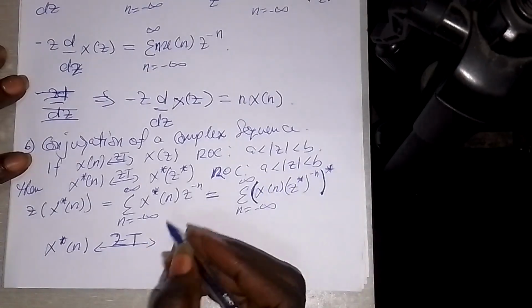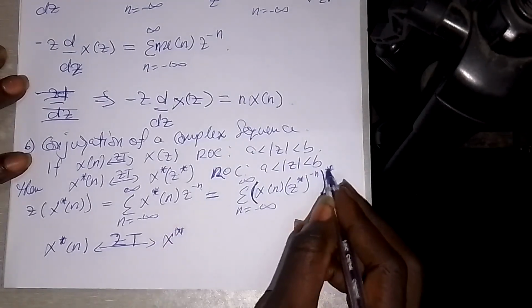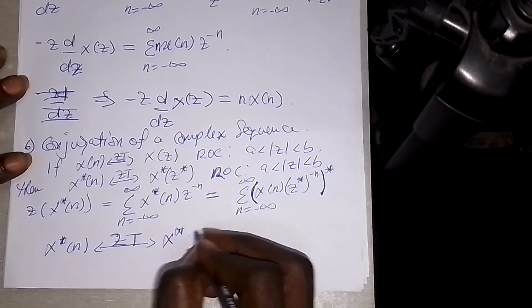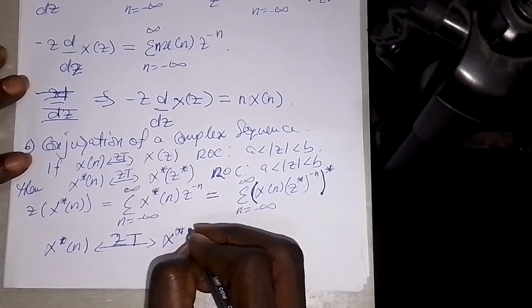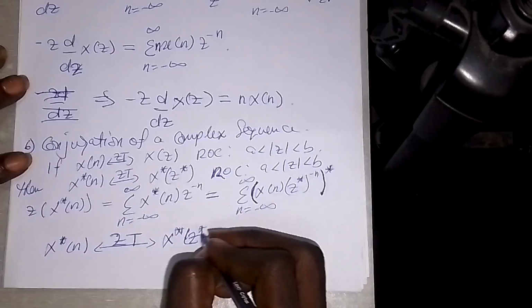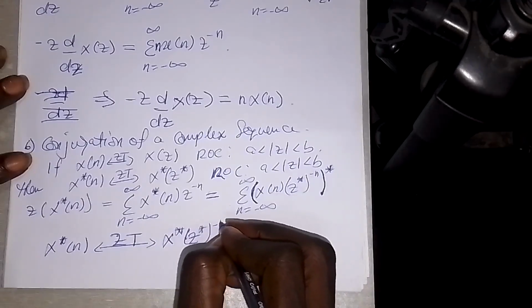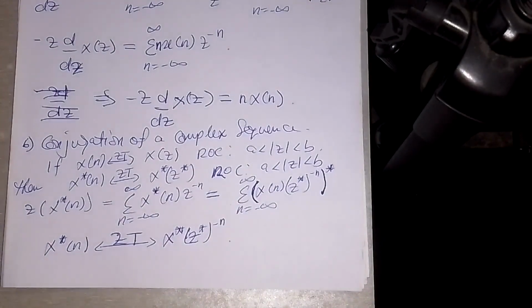So the proof is already done. The conjugate on x will come here, and the z also will have its own conjugate, and then I'll get my z to the minus n. Basically, this is how you can prove this one. Very simple and easy, the conjugate approach.